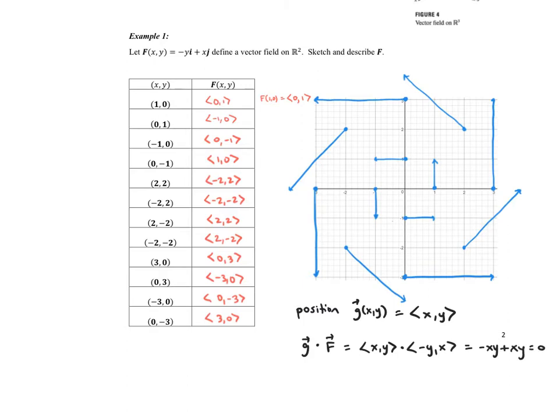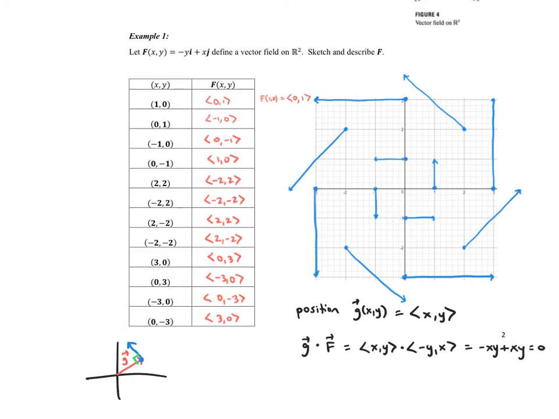So what that means is that if we have a position vector g and a vector from this field, we end up getting a perpendicular. Okay, so this just means that g is perpendicular to f. And in this case, the vector field is actually going to be tangent to a circle.